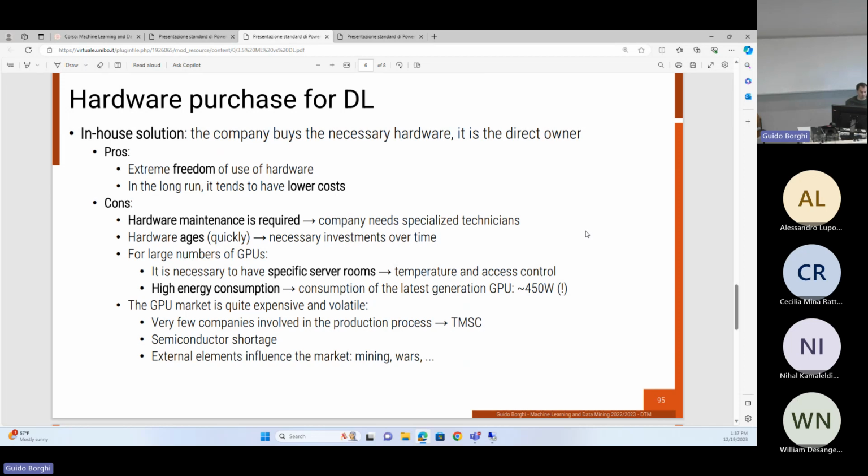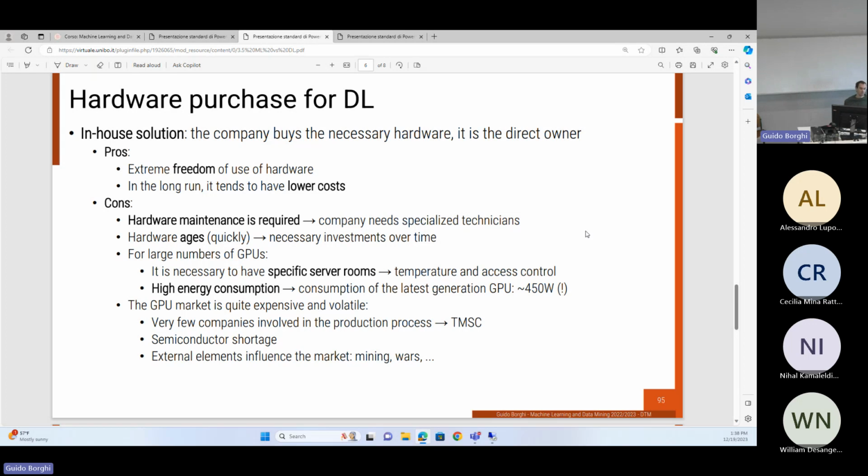Unfortunately, the hardware ages quickly. So we have bought some GPUs, but we have to invest over time many times since we need to buy newer GPUs. And for a large number of GPUs, we need a specific server room with control of the temperature, access control, and so on.